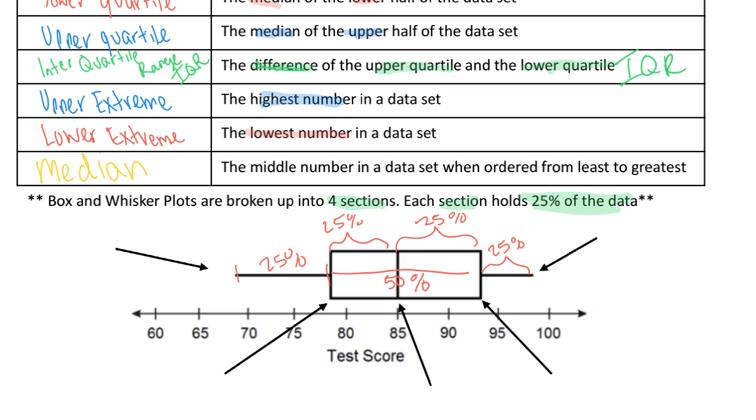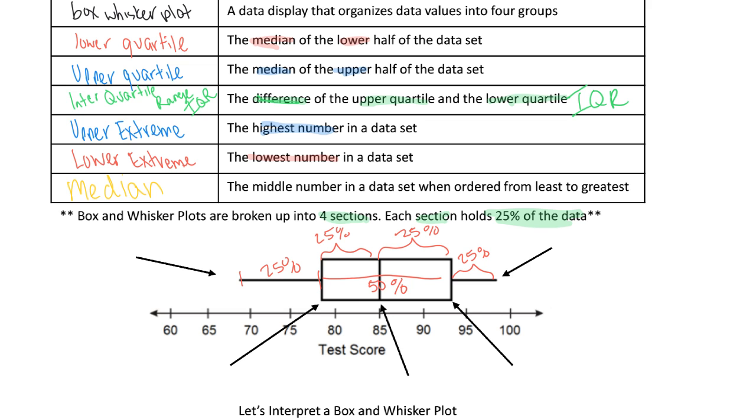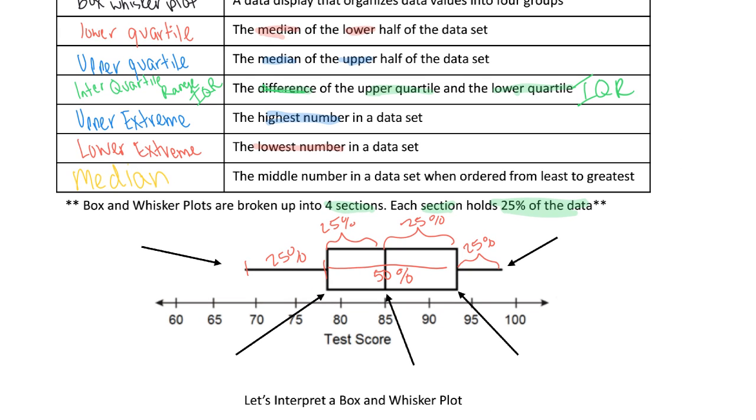Okay, so let's start labeling what each thing is. This whole chart here is a box and whisker plot. Now, our lower quartile is the median of the lower half.